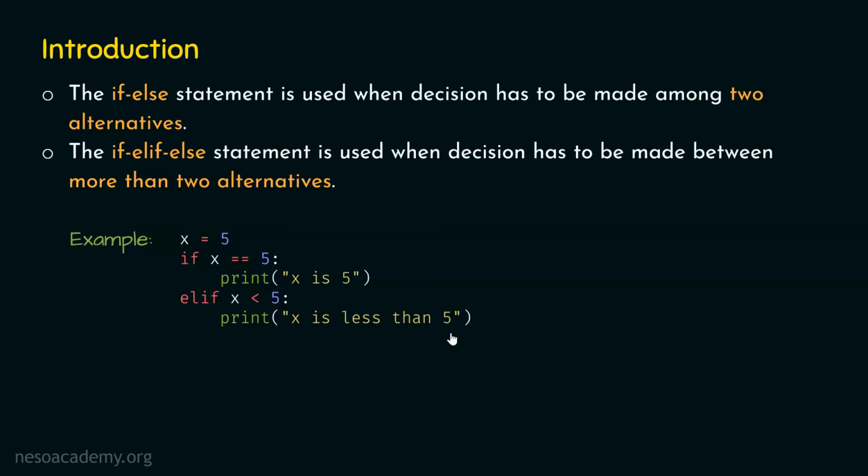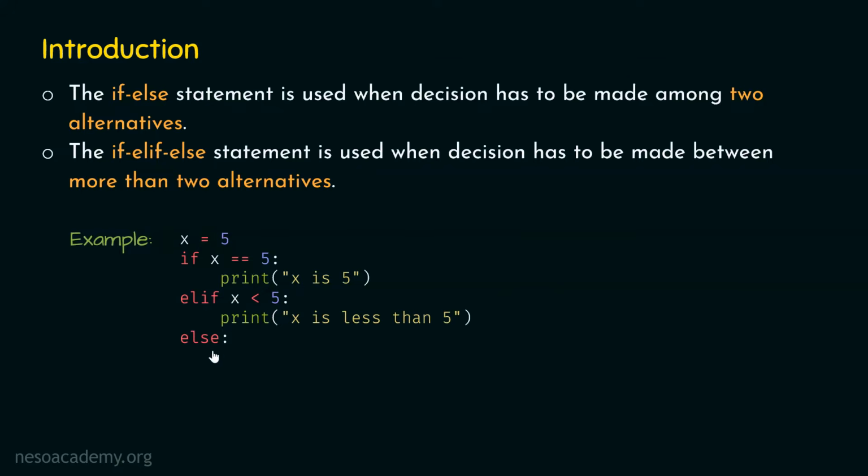Now what if x is greater than 5? We know that if x is not equal to 5, and if x is also not less than 5, then it will definitely be greater than 5. So there is no need to put another elif here and check the condition x is greater than 5. We can use the else statement. If these two conditions are not satisfied, then it is guaranteed that x is greater than 5.